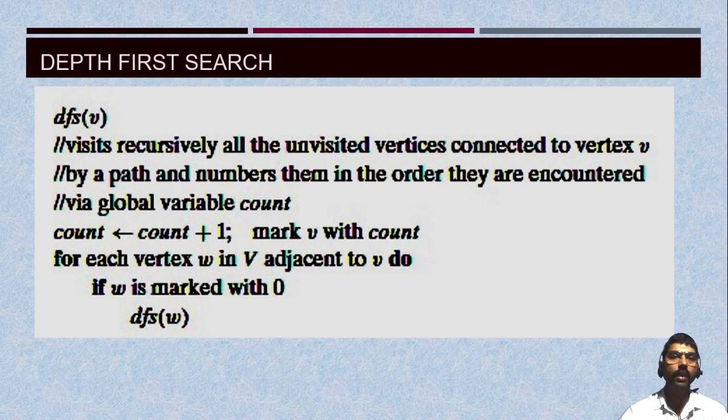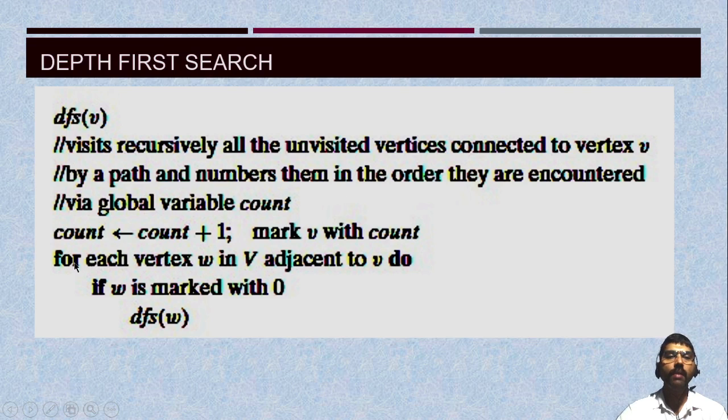In the DFS, first we have to assign the counting value for that v. So first I will increment the count value from 0 to 1 here. Then assign that count to v. That indicates v is visited, first visited.